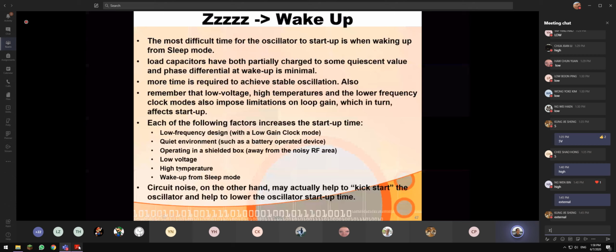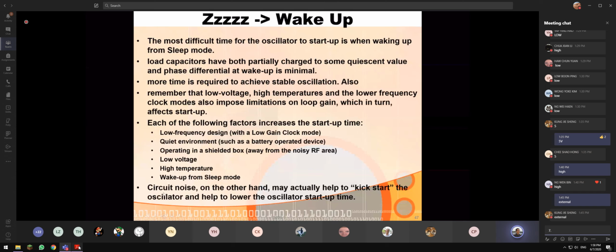Low voltage, high temperature, very hot. Just like when you are very hot at home, you tend to be sleepier than when very cold. So all these things will increase the startup time when waking up from sleep mode.